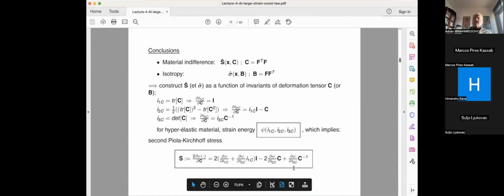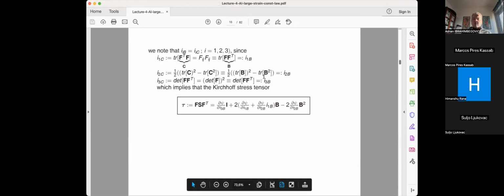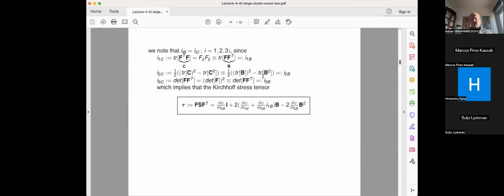So this will be one model which verifies material indifference. And how about the other one? Well, if I take now the other model, first of all, I can recall that the principal values and invariants of C and B, C being F transpose F and B being F F transpose, conveniently happen to be the same.